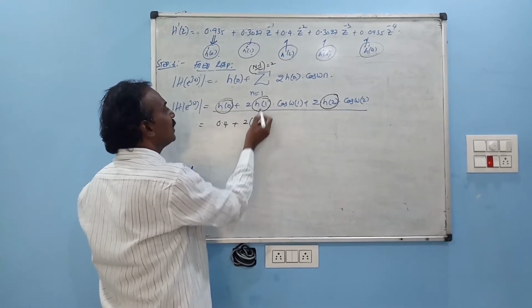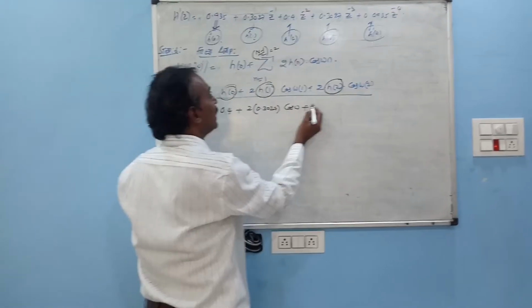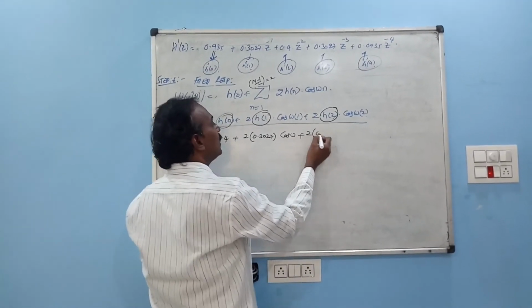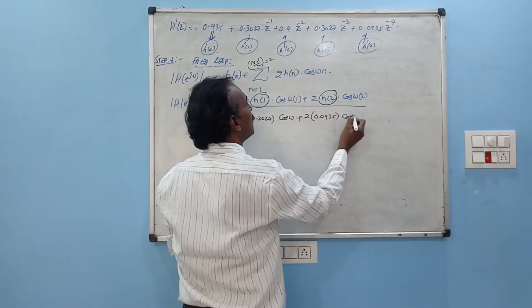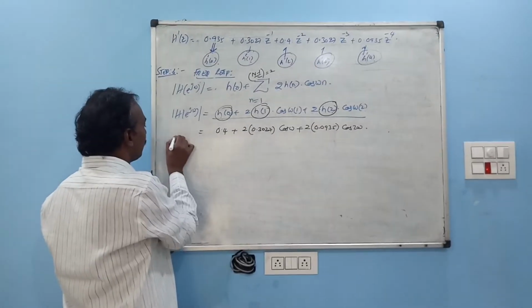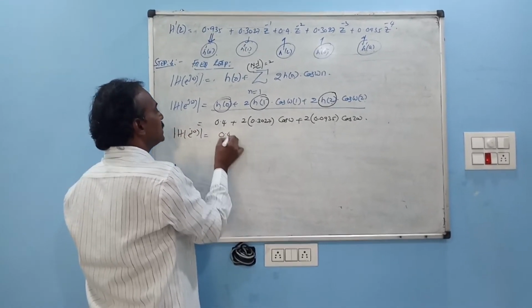H of 0 is nothing but 0.4. Now 2 times of this is 0.3027, this is cos omega, this is 2 times of 0.0935 into cos 2 omega. That is now finally modulus of h of e power j omega is 0.4.